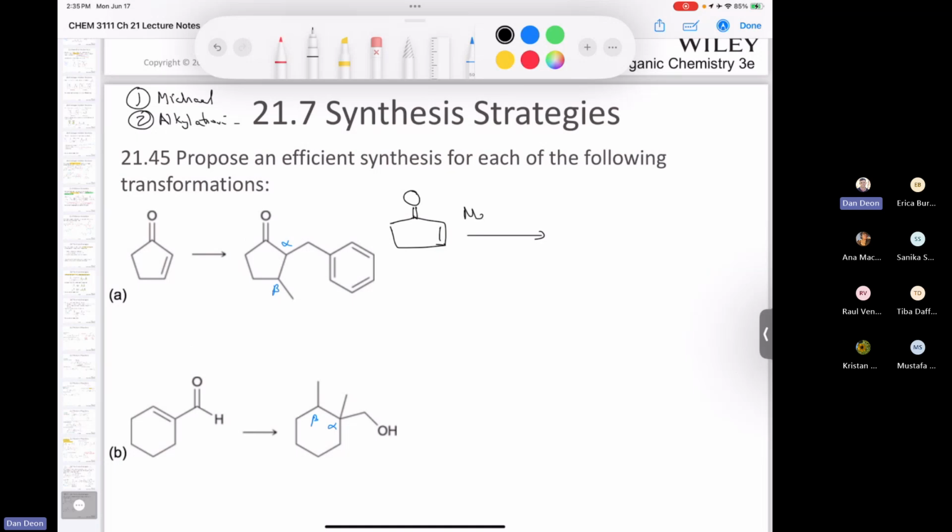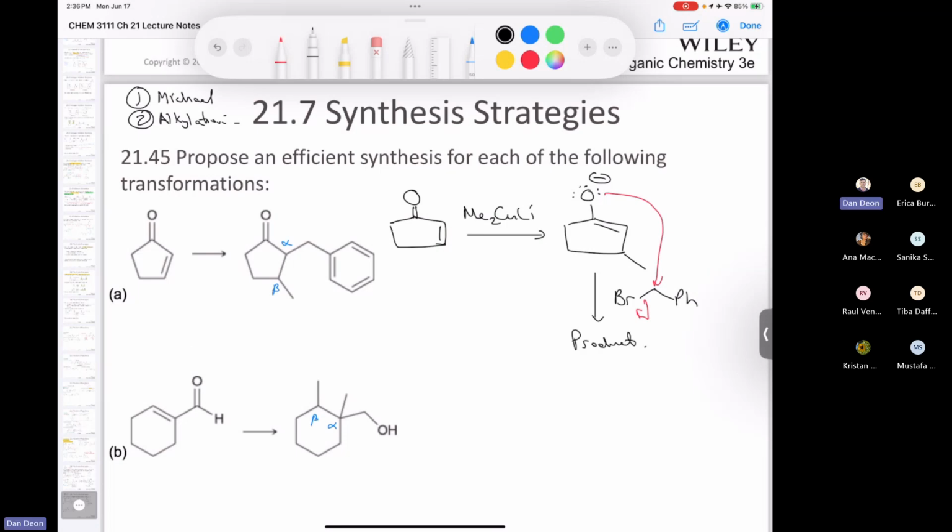I'm not going to draw the mechanism, but that's going to give you this intermediate. After it does the nucleophilic attack, we're going to end up with this. And so in the last step, to put in the benzyl group, we just use benzyl bromide. And so that's going to do the SN2 like that. And that is going to give us the final product.